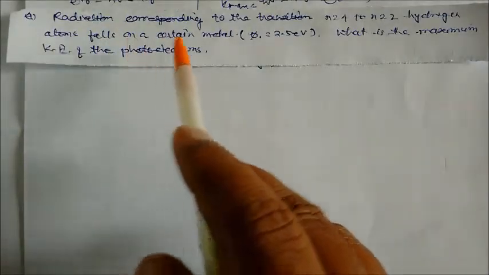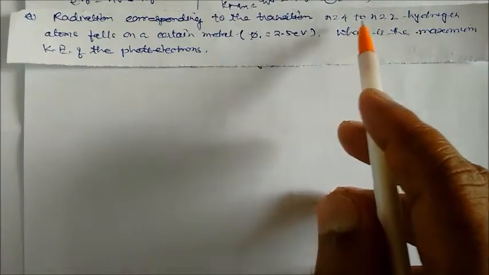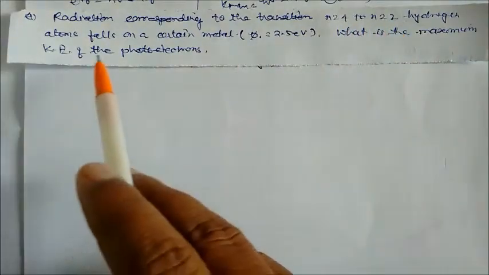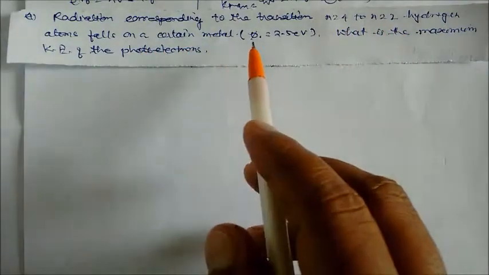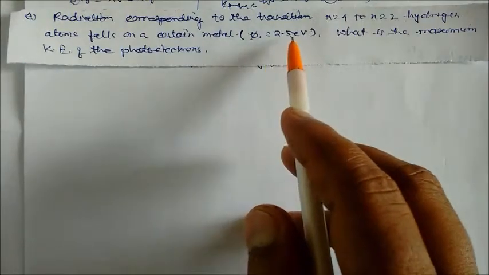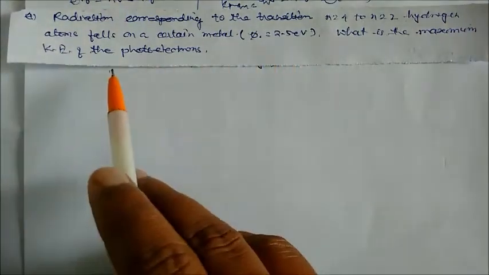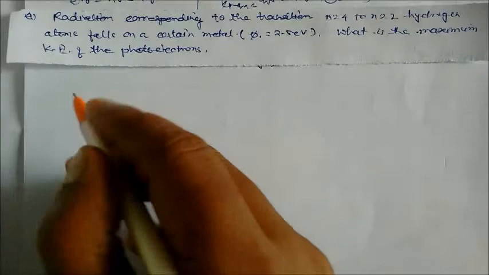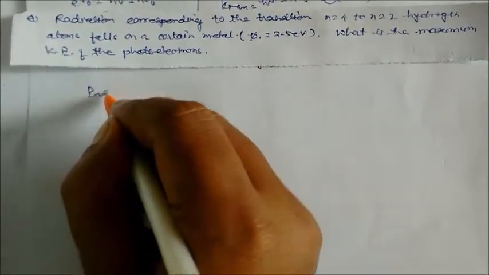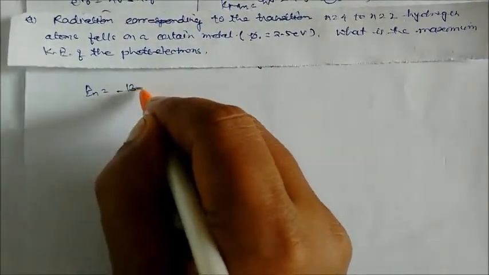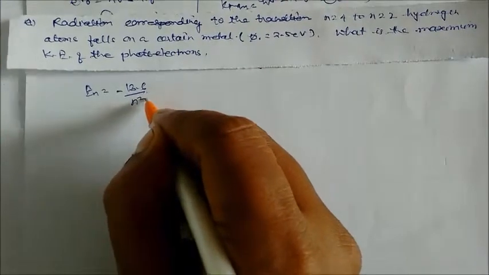Radiation corresponding to the transition n equal to 4 to n equal to 2 in a hydrogen atom falls on a certain metal whose threshold energy is 2.5 electron volt. What is the maximum kinetic energy of the photoelectrons? So first we find En for the nth orbit is minus 13.6 divided by n square electron volts.